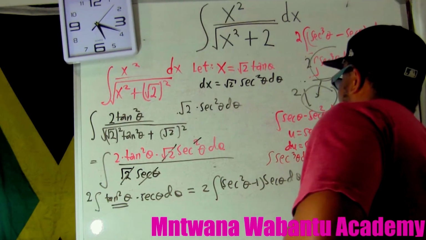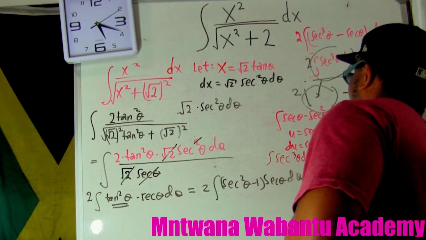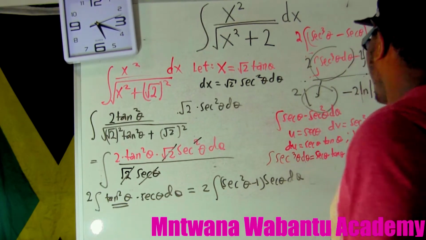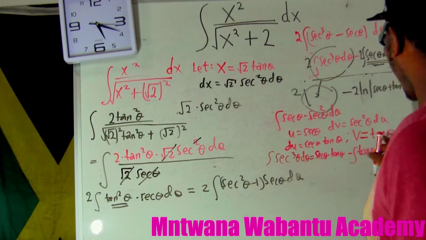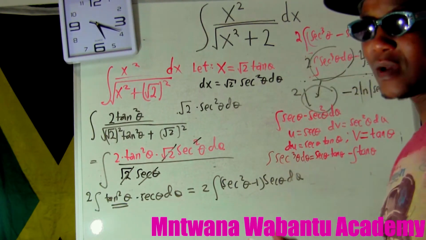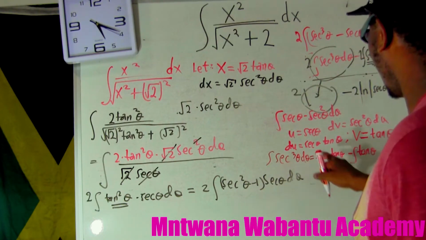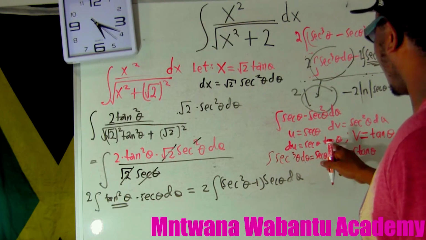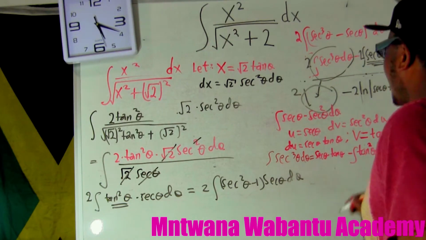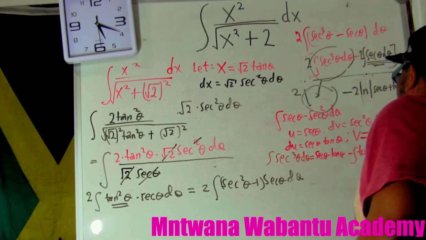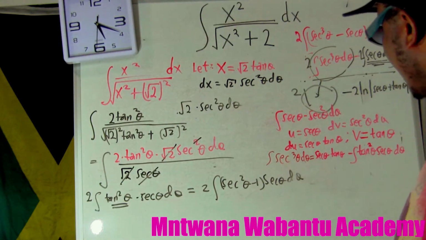Sec theta, so sec theta tan theta, minus the integral of v. What is v? Tan theta times du. What is du? Sec theta tan theta. So this tan is going to become square, and then sec theta d theta.